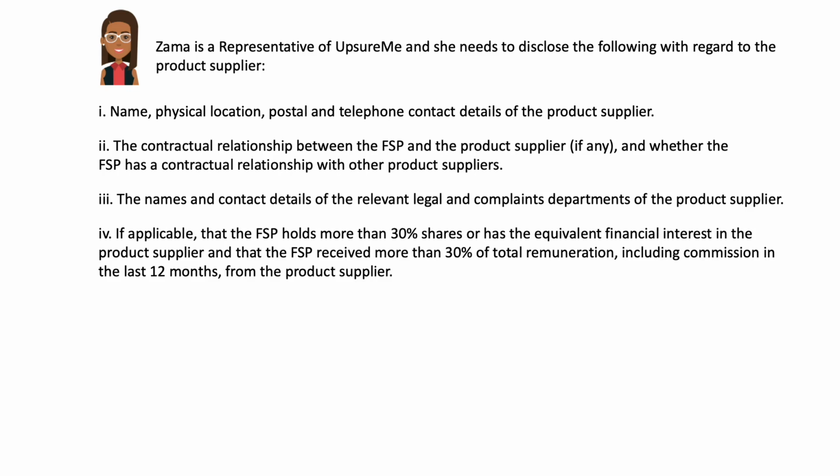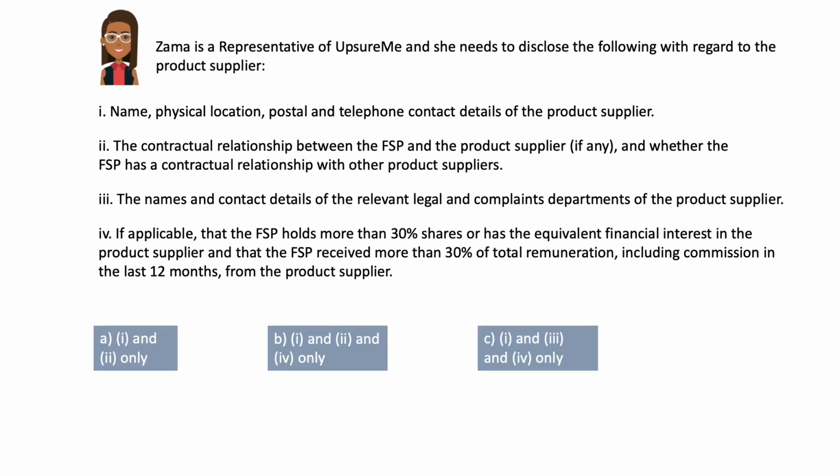If applicable, that the FSP holds more than 30% shares or has the equivalent financial interest in the product supplier, and that the FSP received more than 30% of total remuneration, including commission in the last 12 months, from the product supplier. Choose option A, B, C, or D. Pause the video here if you need some time to read over the question and consider your answer.